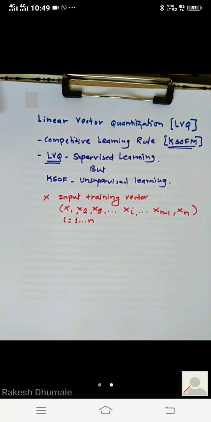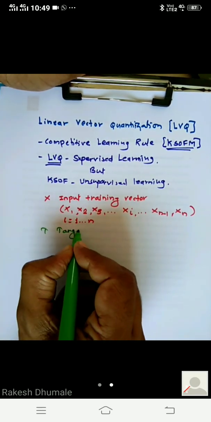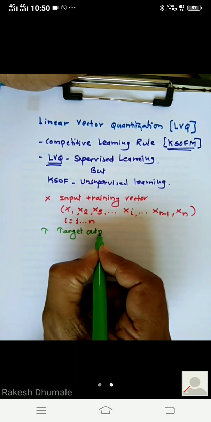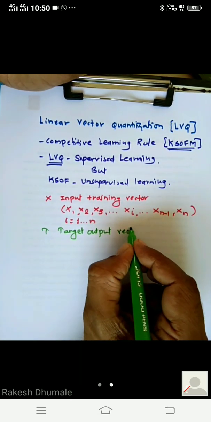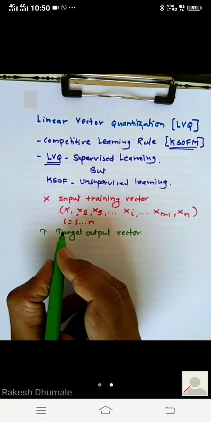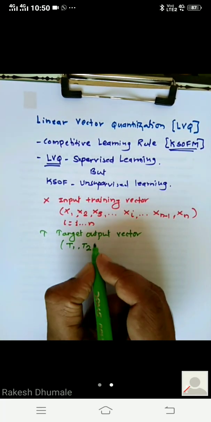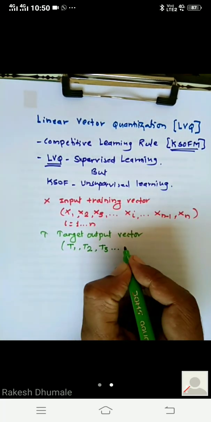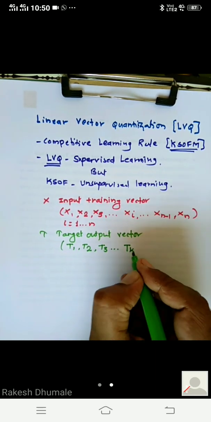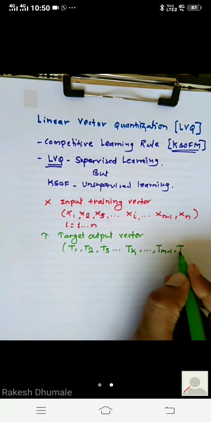Similarly, as it is a supervised learning algorithm, the training data set is provided with targeted output. So let us say T is the target output vector, which varies as T1, T2, T3, then TK, TM minus 1 and TM.